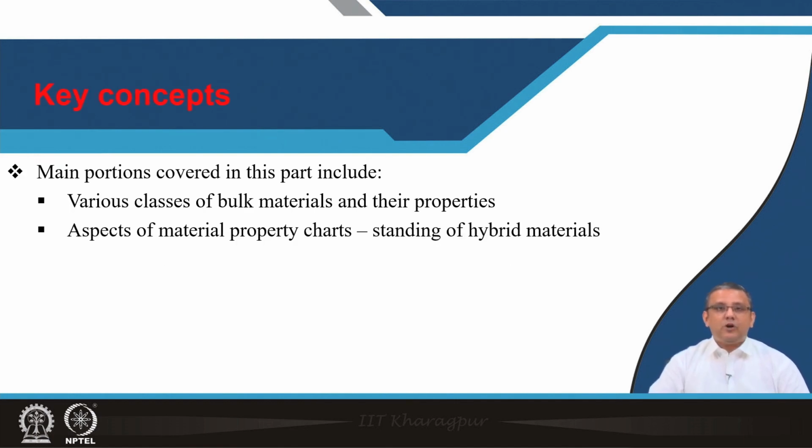The main portions covered in today's lecture will be the basic description of the various classes of bulk materials and their properties, and I will give you the fundamental aspects of material property charts and how and where the hybrid materials are typically located. Please keep in mind that a more detailed description of the material property charts will be covered in the upcoming lectures.